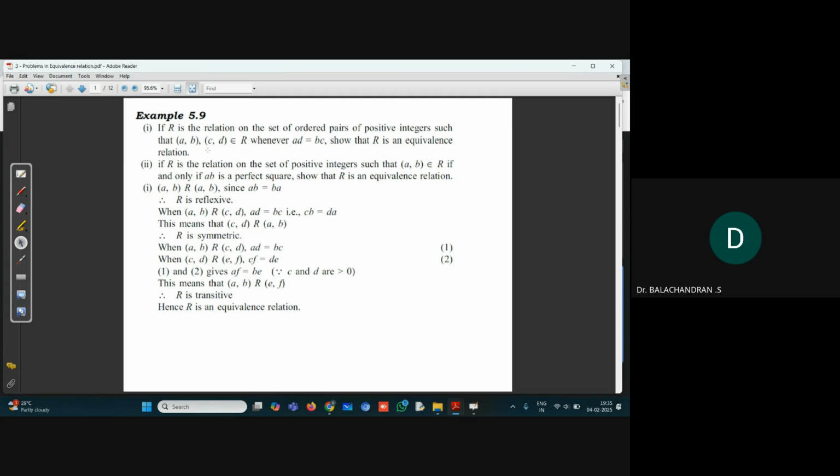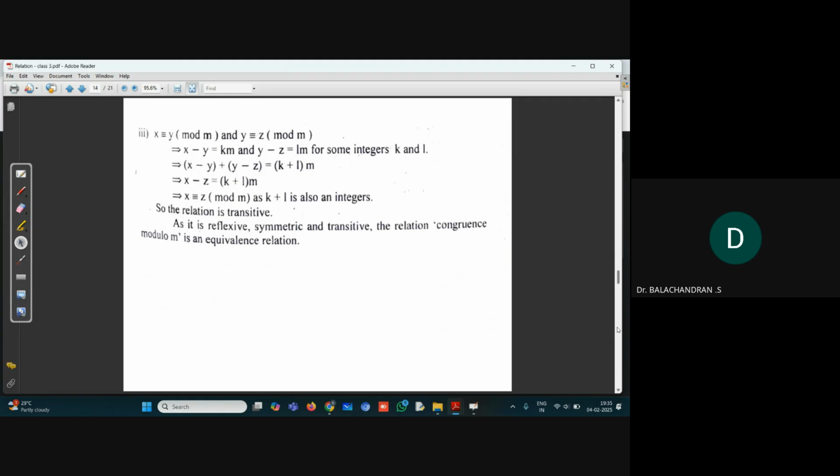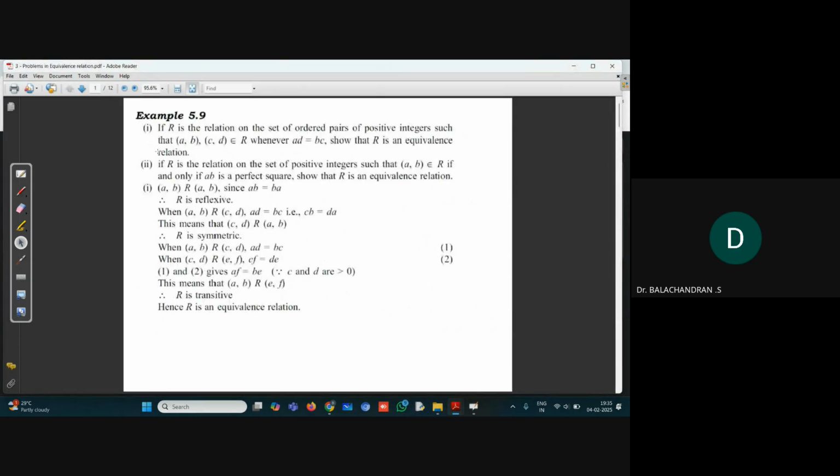Here you have a, b, c, d; there you have instead x, y, u, v. So x into v equals y into u. Just the letters are different, everything else is the same. That's why I leave subdivision 1 to you. You can check it. Next is subdivision number 2.